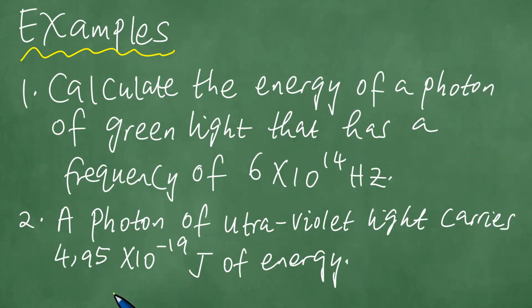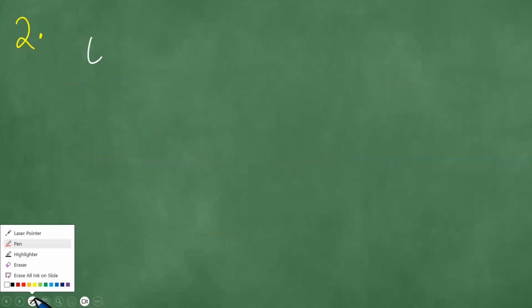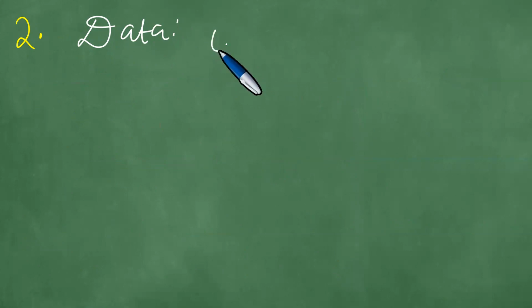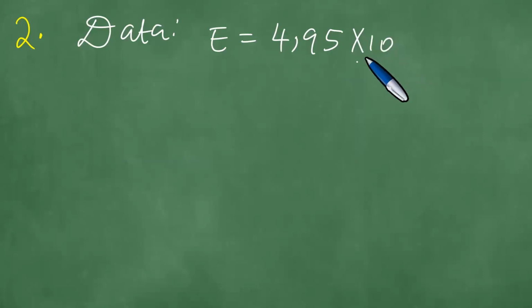The energy is 4,95 times 10 to the minus 19 joules.